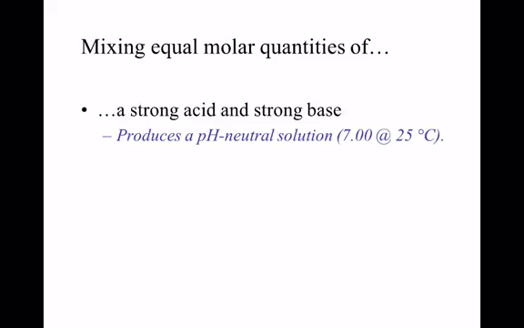It goes to form salt, which in this case is NaCl plus H2O. What if we have the same moles of each? Let's just say we had 0.5 moles and 0.5 moles. When the dust finally settles, the stoichiometry is 1 to 1 to 1 to 1. We're going to get 0.5 moles of NaCl, 0.5 moles of water, and the acid and base are entirely gone.